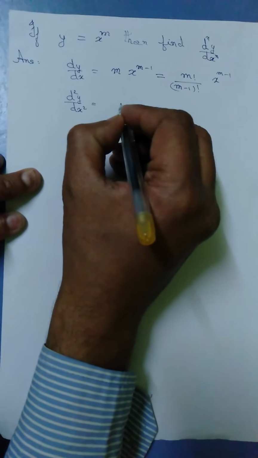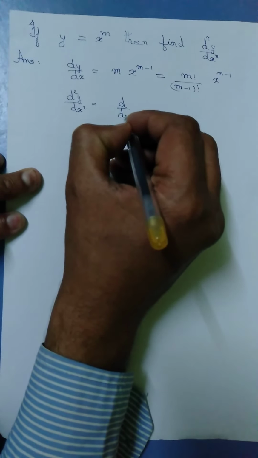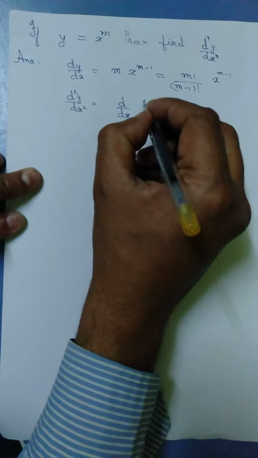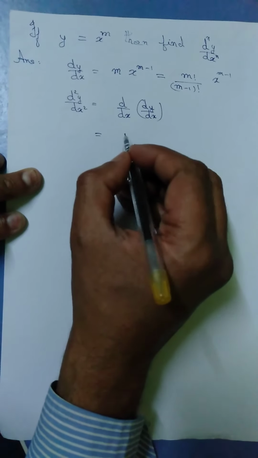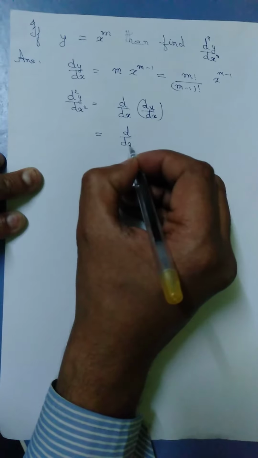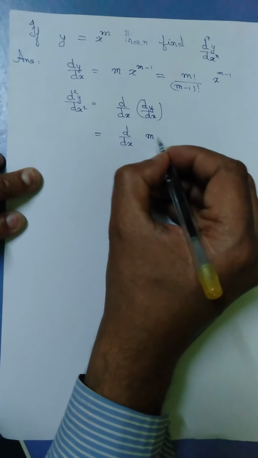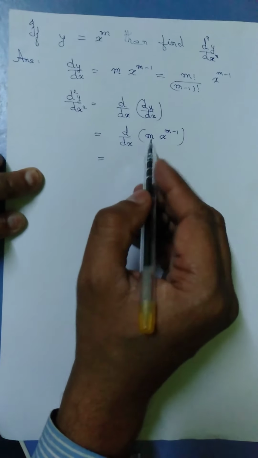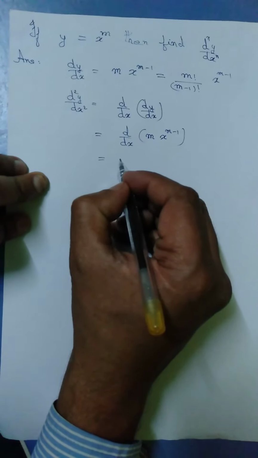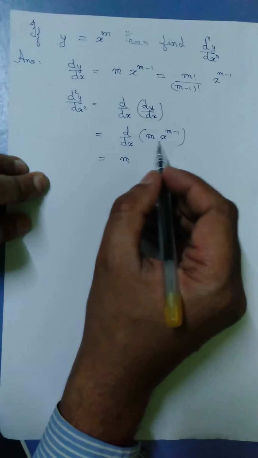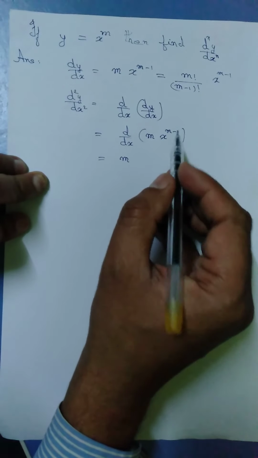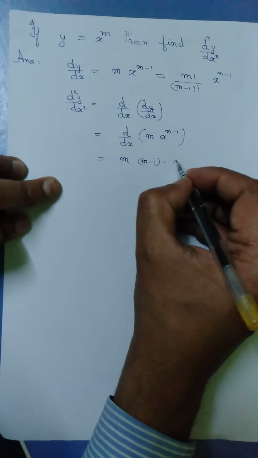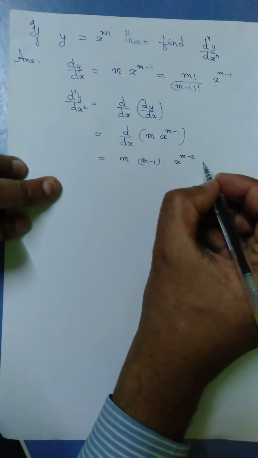So d2y by dx square is nothing but d/dx of dy by dx, and that is d/dx of m into x to the power m minus 1. We have a constant that we can take out from the differentiation, and if you differentiate x to the power m minus 1, we'll get m minus 1 into x to the power m minus 2.